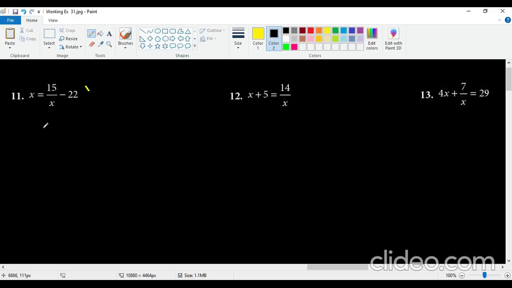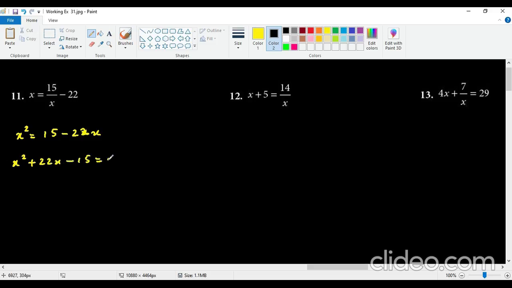So what we'll get on this side is x multiplied by x is going to give us x squared, 15 over x multiplied by x is going to give us a 15, and minus 22x, and we'll take it on the other side: x square plus 22x minus 15 equals 0.